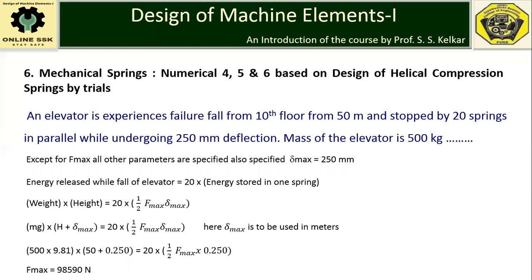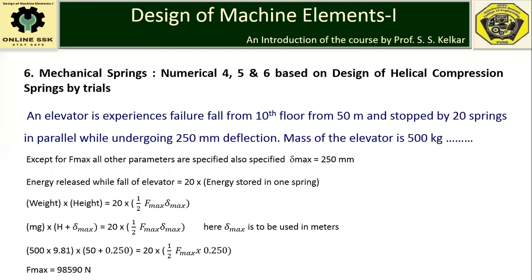While it is at a certain height, it has some potential energy, which gets converted to kinetic energy while falling, and that initial potential energy of the elevator will be absorbed by the springs. By absorbing that, the springs will experience deflection.